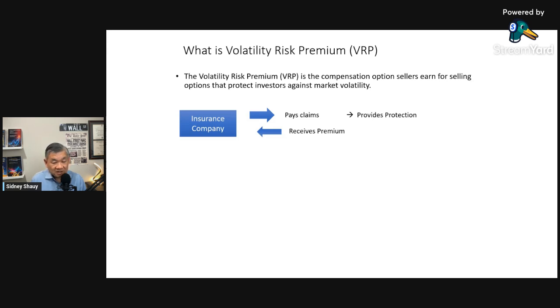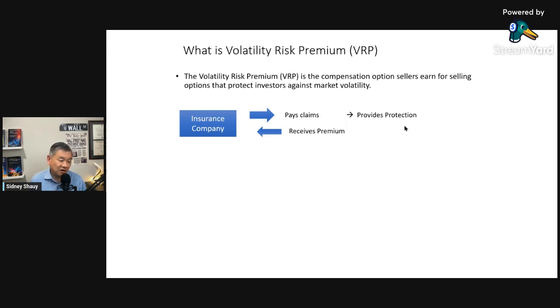It's the compensation options sellers earn for selling options to protect investors against market volatility. It works just like insurance companies selling insurance policies to people, right? From the insurance company's perspective, it pays the claims when there is some event.